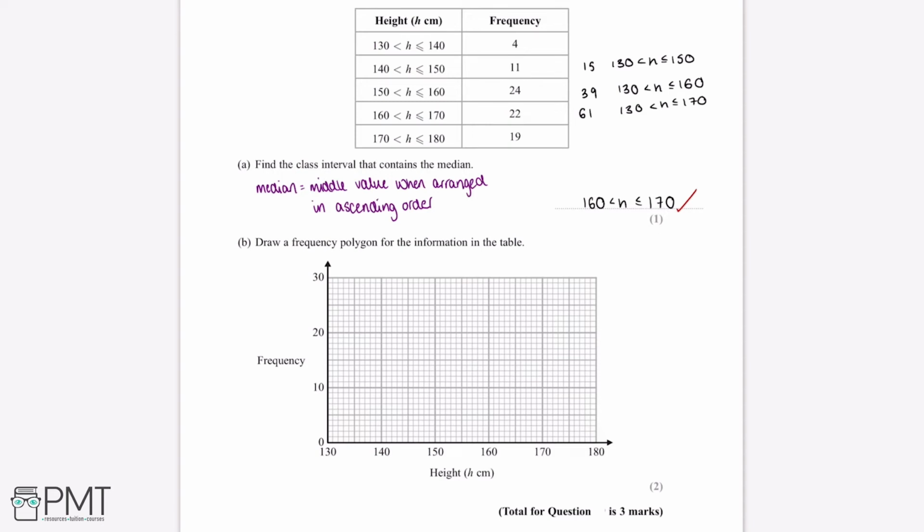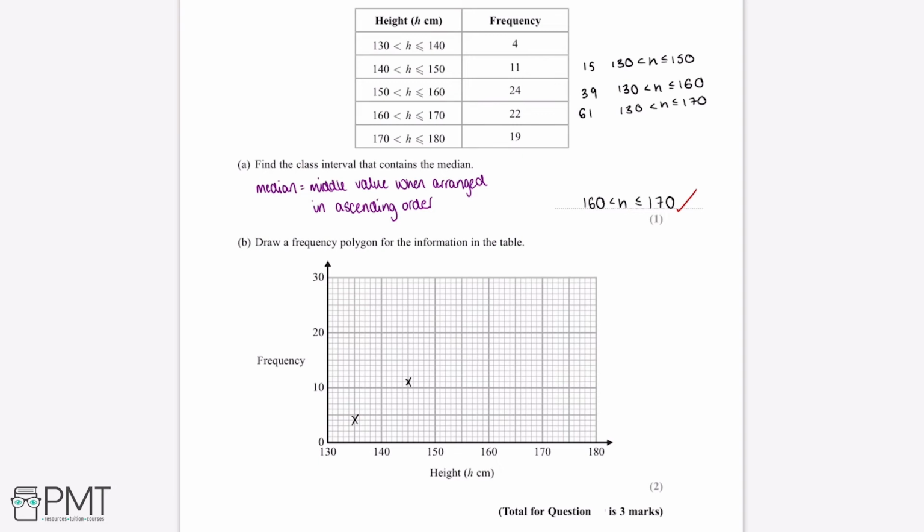So we want to plot the point 135, 4, and this will be here. Next, 140 to 150 centimetres, the midpoint will be 145 centimetres and the frequency is 11. So we'll plot the point 145, 11.